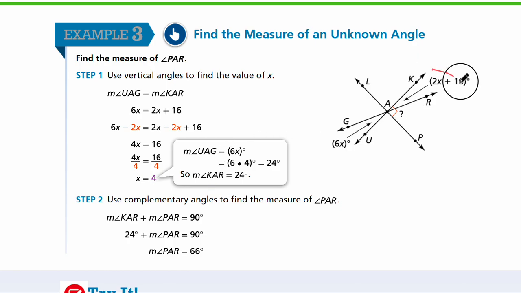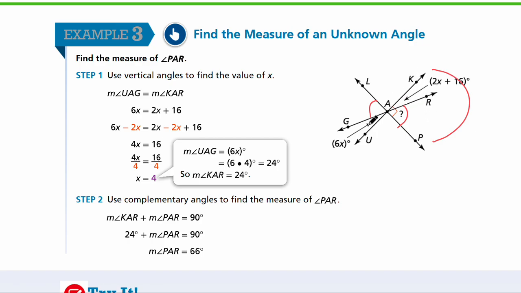But then we don't know what this is. We're trying to figure out the value of x, but we don't know what this angle is. But that's not really important right now.